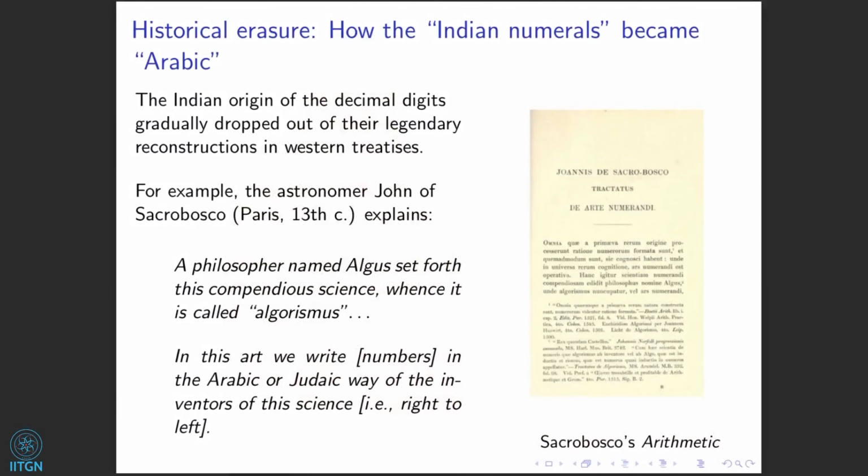And again, you see some evidence of reference to the confusion about the direction of writing. They think that the numbers increase from right to left in their digits because that is the way that Arabic is written, which is in fact not the case.